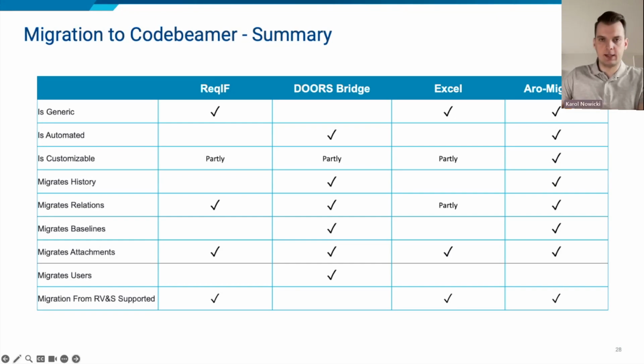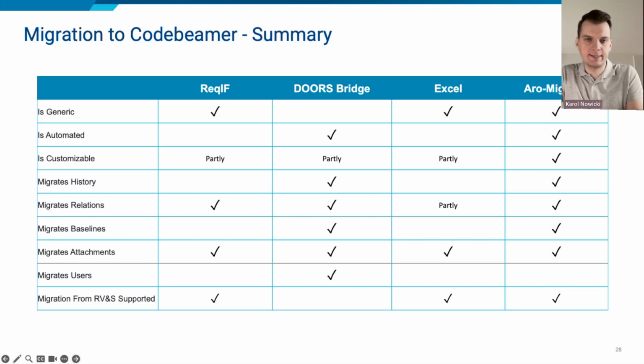All right, at the end of the presentation, let's summarize the capabilities of the methods discussed in the webinar. In the table, we can see a comparison of some migration aspects.